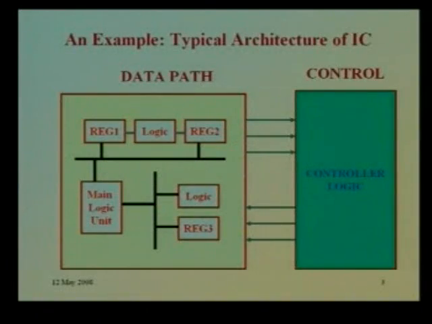So this is a typical architecture where we have the controller logic and main logic units, a common bus and some control signals. I will give a case study very similar to this architecture, this IC.